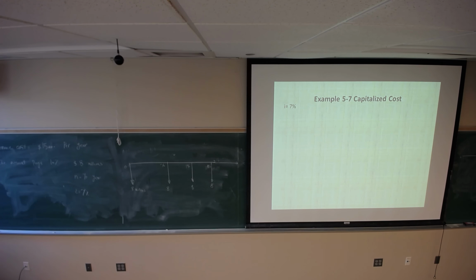Either you pay $8 million 70 years later, or pay $A every year. So how can I find A? To find A, when F is given, you multiply F by A over F. Interest rate is 7% and N is 70. You find A.